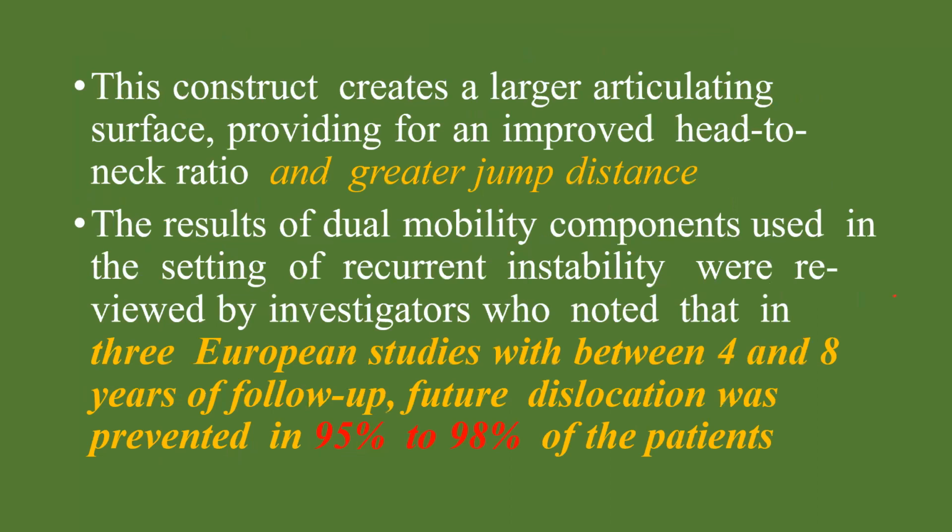This construct creates a larger articulating surface, providing for an improved head-to-neck ratio, and most importantly a greater jump distance. The jump distance is the amount of flexion before the head reaches its limitation. The larger the head, the more stable.